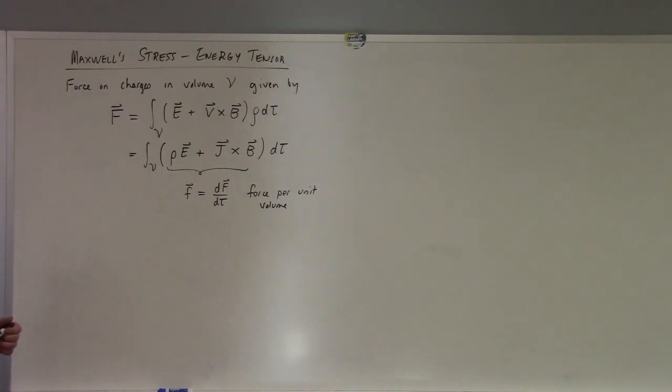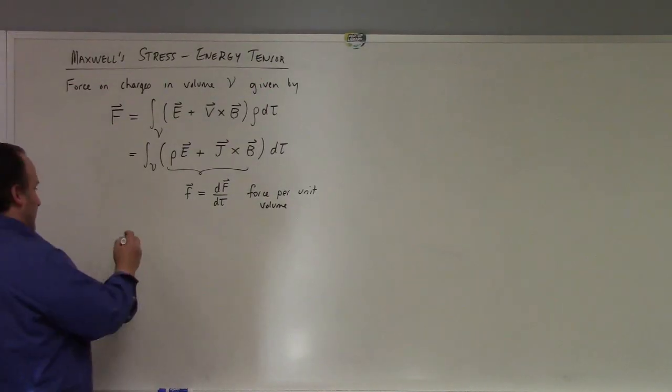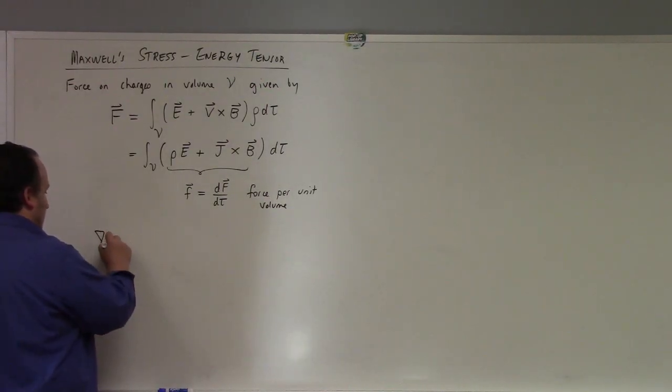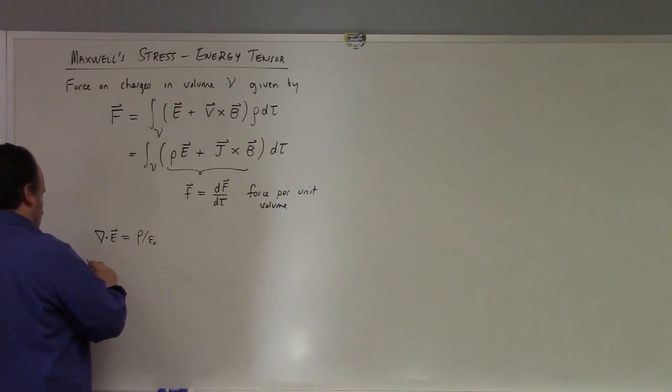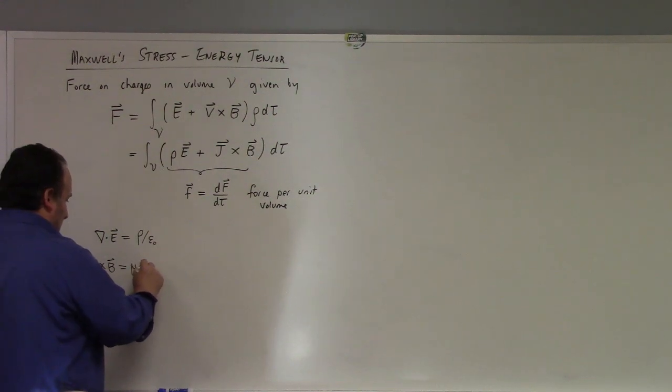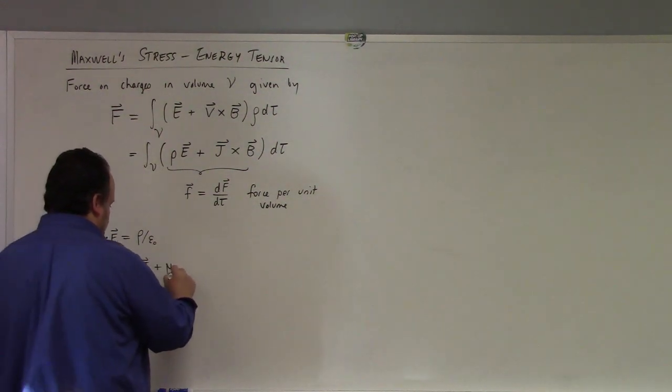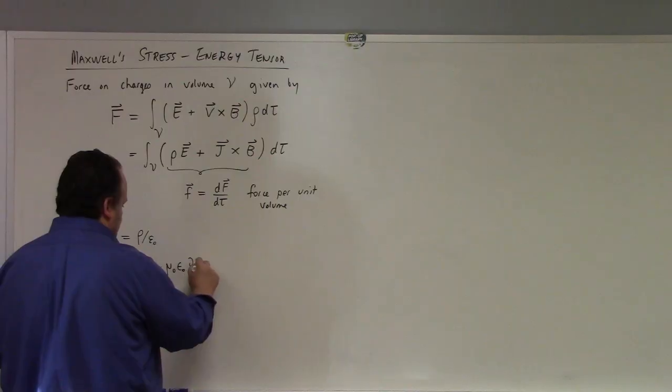So now what we're going to do is rewrite little f using Maxwell's equations. All right, Maxwell's equations tell us that the divergence of the electric field is rho over epsilon naught, right? And the curl of the magnetic field is mu naught J plus mu naught epsilon naught partial E partial T, right?